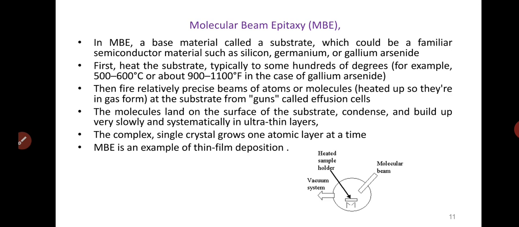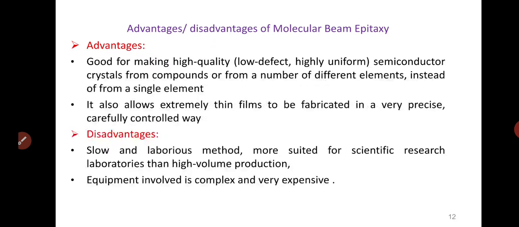The molecules land on the surface of the substrate and build up, very slowly and systematically, an ultra thin layer. The complex single crystal grows one atomic layer at a time. And this method is an example of thin film deposition.